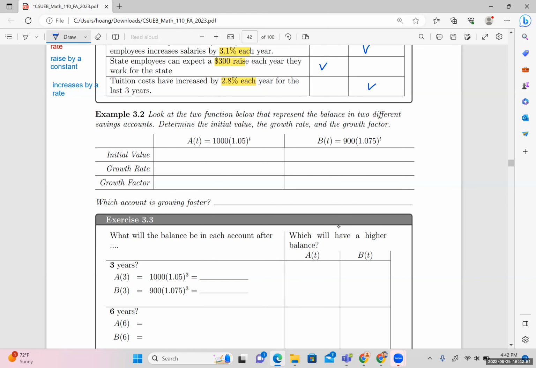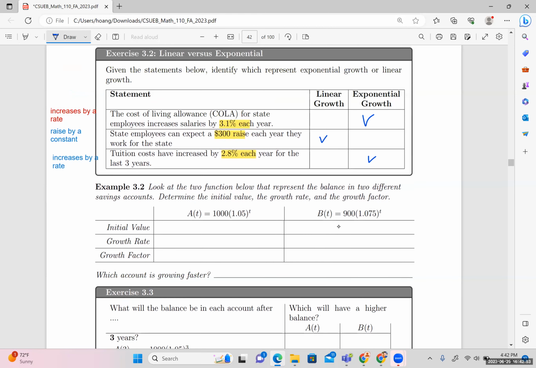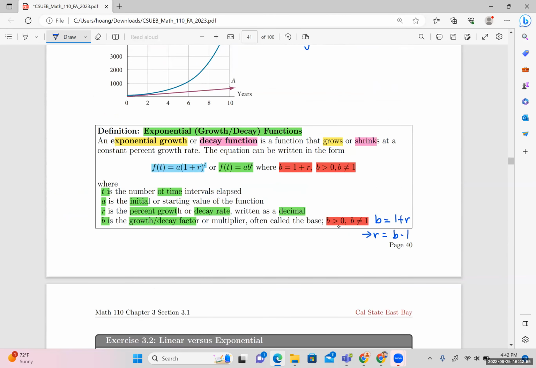So according to the formulas of the exponents, this is an exponential function. The a, small a over here, before the parenthesis will be the initial amount, right?